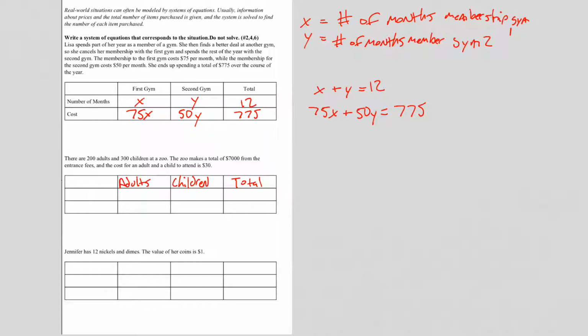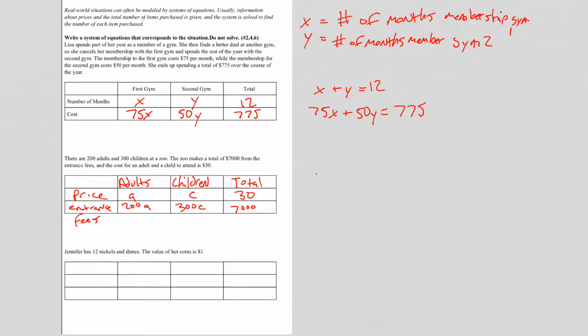So we're gonna pick A for adults, C for children, and combined A plus C equals $30. And then if we had 200 adults times 3 plus 300 times the number of children, the zoo would earn $7,000. So here's entrance fees and price.